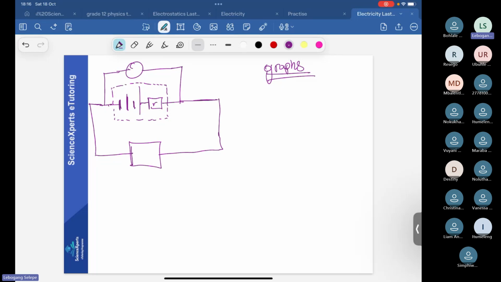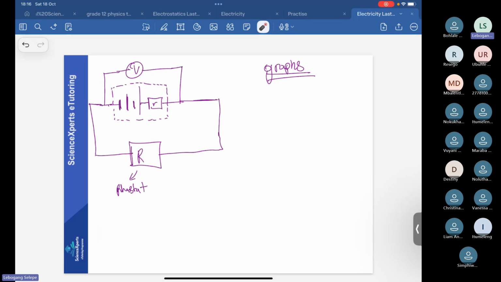So here you would have R, a rheostat. Let's say this is a rheostat. So I can change this resistance, and by changing this resistance, the total current would change.